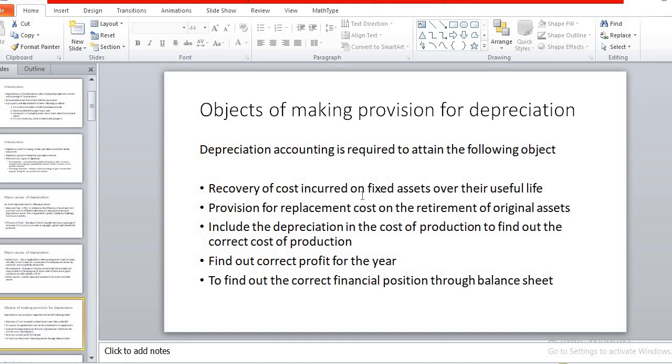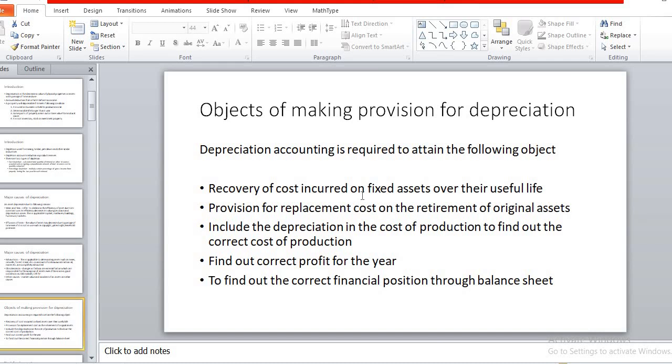Suppose after 10 years that particular physical asset reduces its value to zero. During those 10 years, we can make some provision so that after 10 years the owner's capital remains intact, and we can recover whatever cost was reduced during those 10 years.